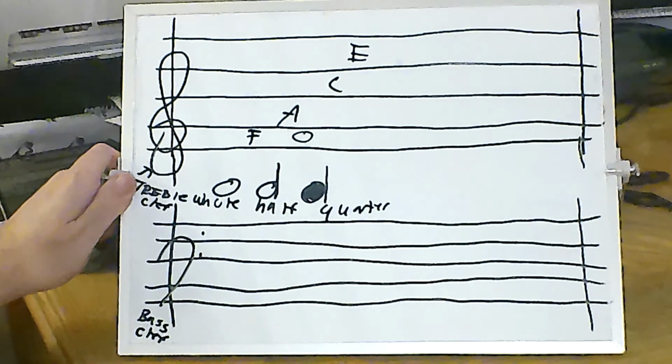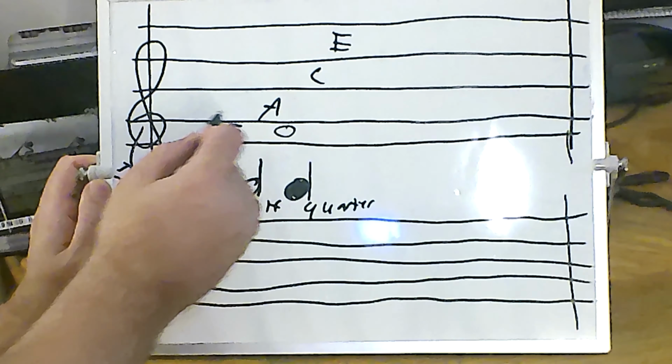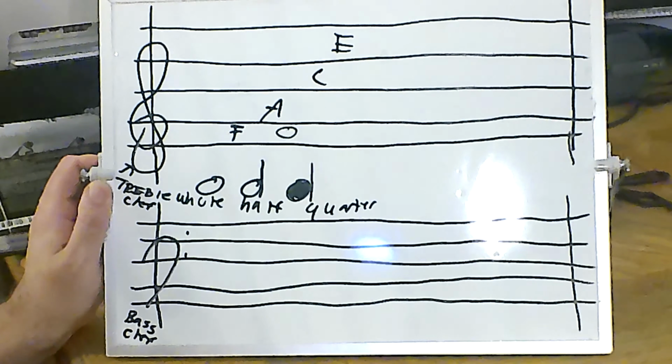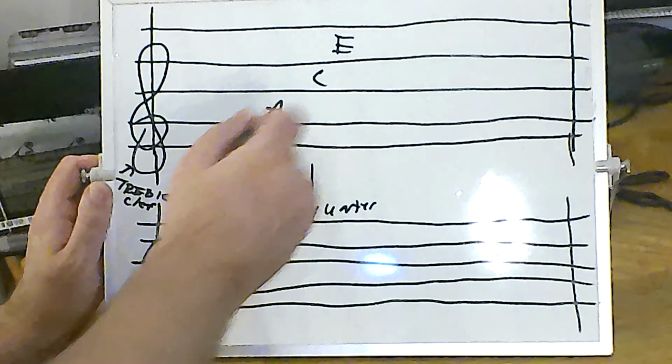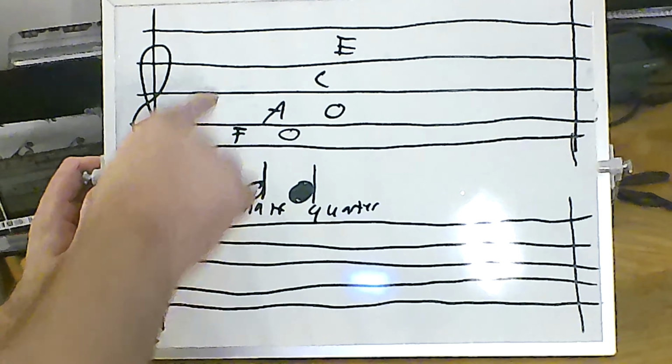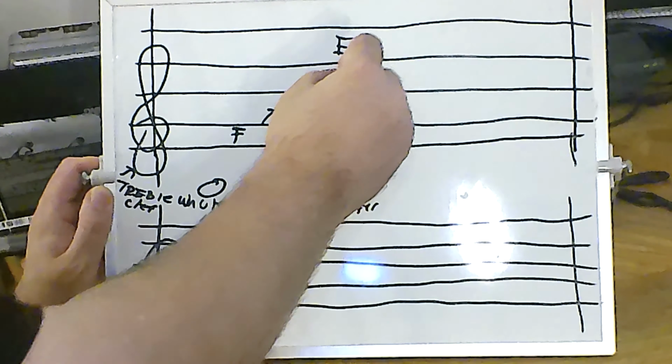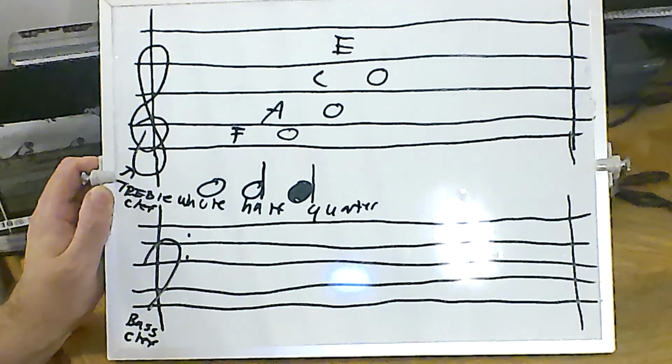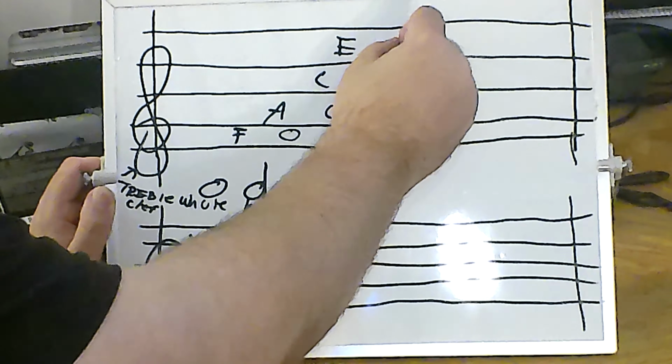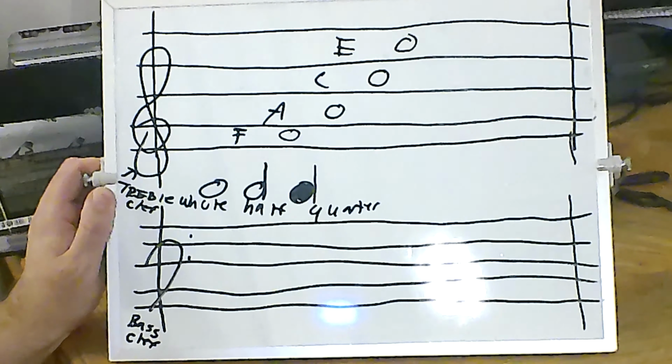If I were to draw a circle here, that would be an F. If I were to draw a circle here, that would be an A. Here, that would be a C. Here, that would be an E.